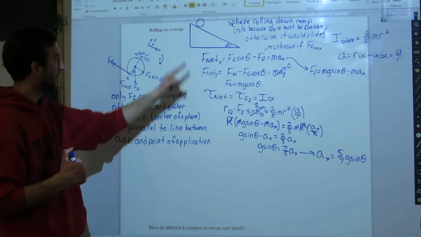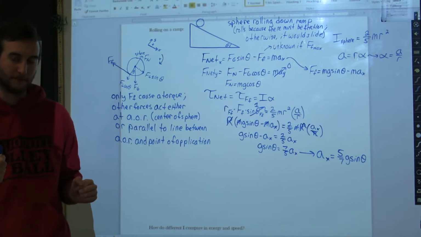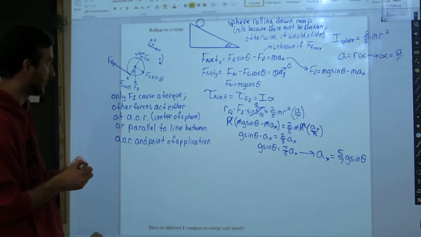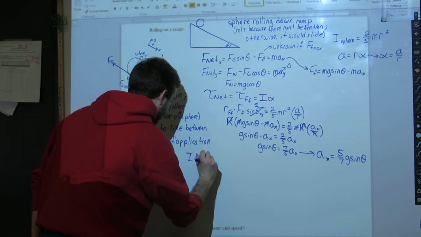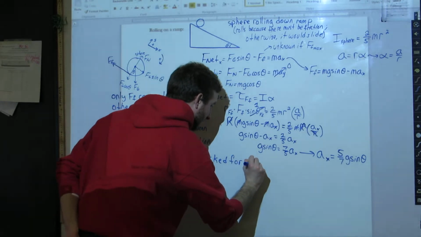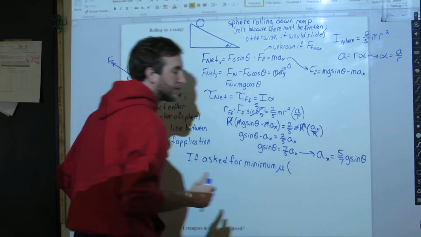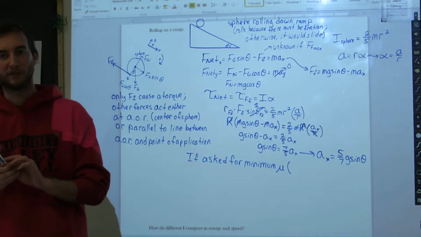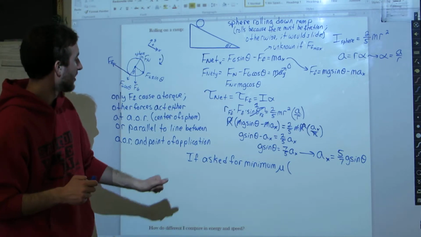Now another related question you might get asked is, what is the minimum coefficient of friction that would allow this to roll smoothly? Minimum mu. What this would mean is, what's the smallest coefficient of friction that would allow smooth rolling?